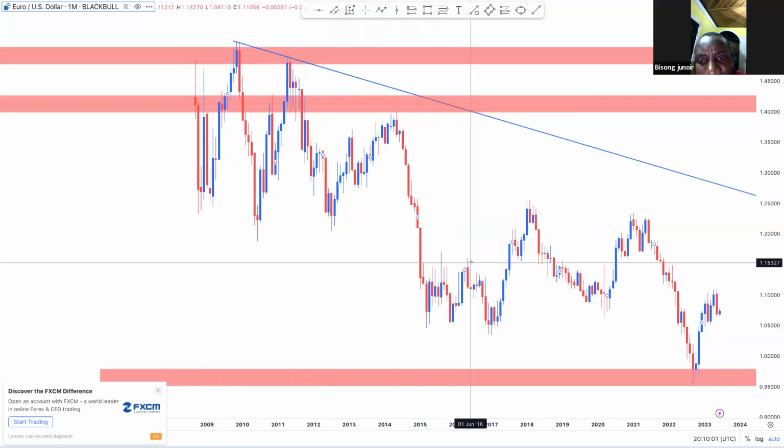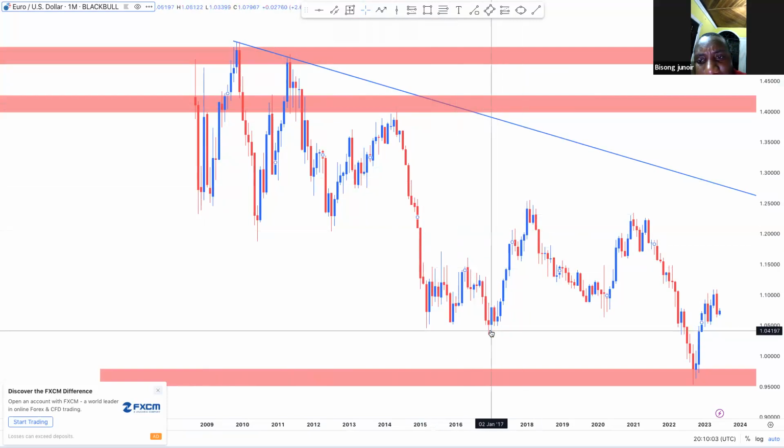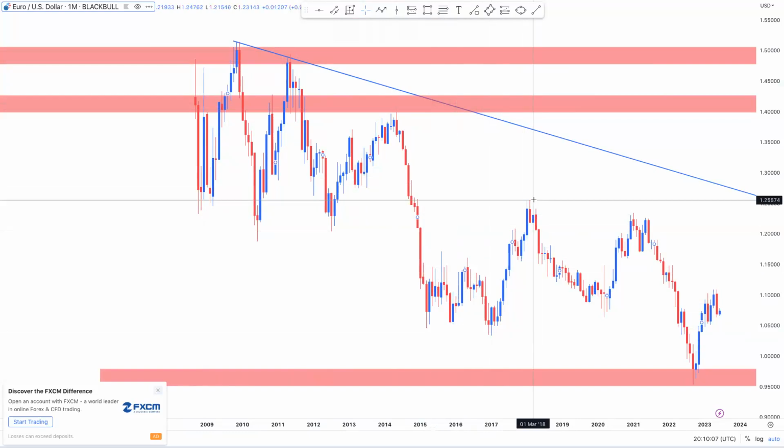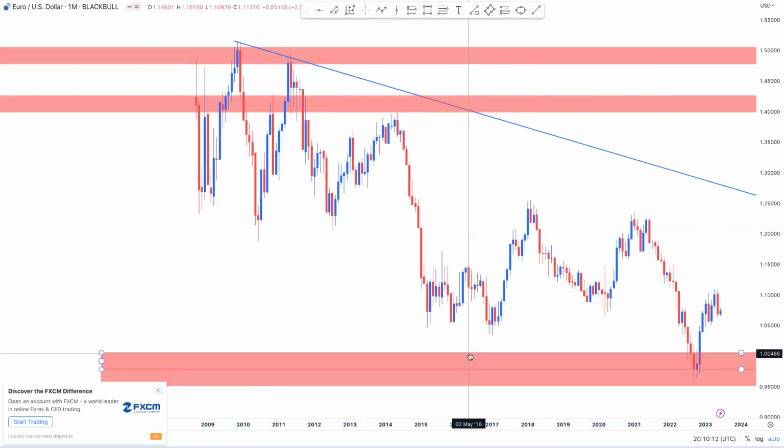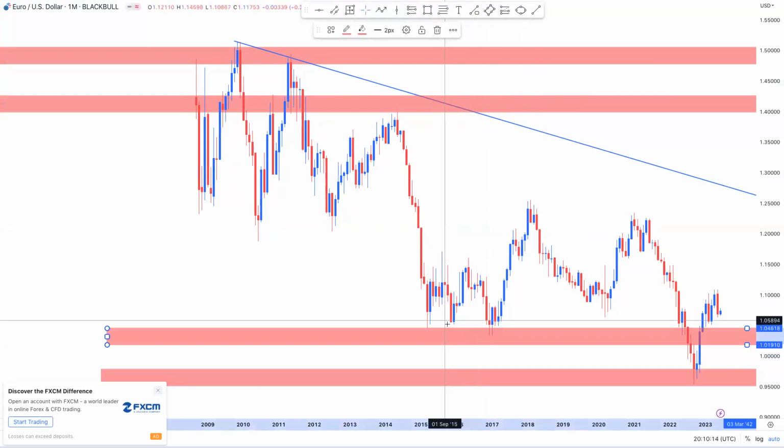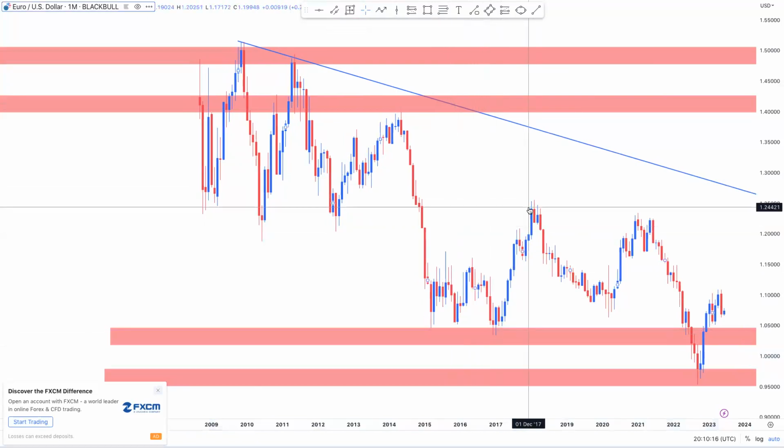So it goes up, comes here. I can see clearly that this is a support because it's supported at this level and went up. So this is another floor. I have another floor here because it shoots up to this level and comes down. This is another roof.